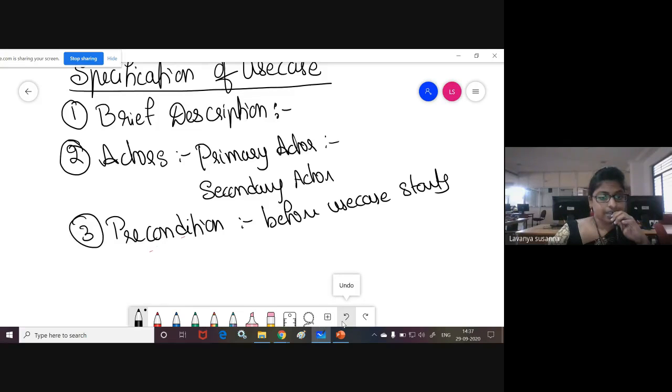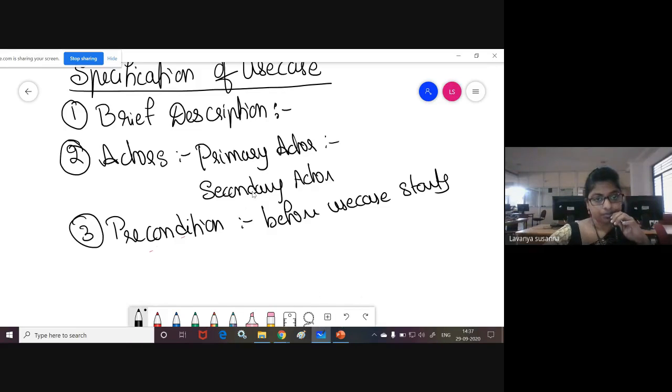Precondition is nothing but a condition which must be met before the use case starts. Before the use case is executing, if there are some conditions to be met, identify those conditions.